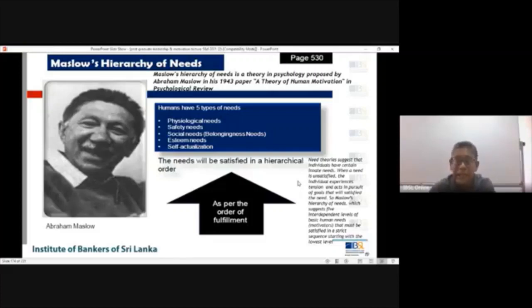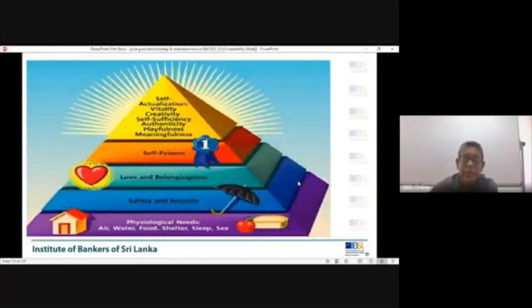Further elaborating on this, we can show it in a pyramid format. What factors come under physiological needs? Air, water, food, shelter, sleep, sex. Then the next levels are safety, security, love and belongingness, self-esteem and self-actualization.